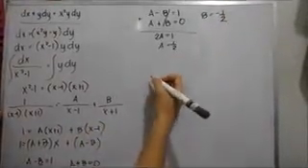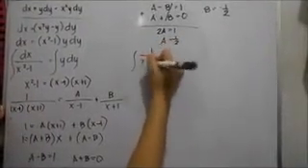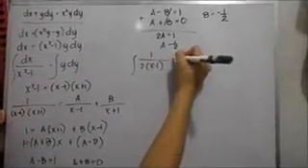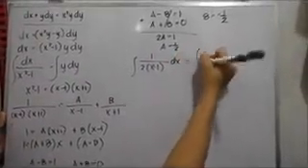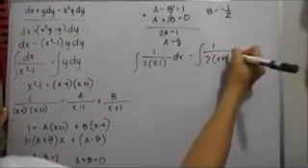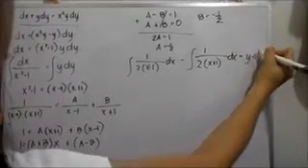And then substitute it to the equation: 1 over 2(x minus 1) dx minus 1 over 2(x plus 1) dx equals y dy.